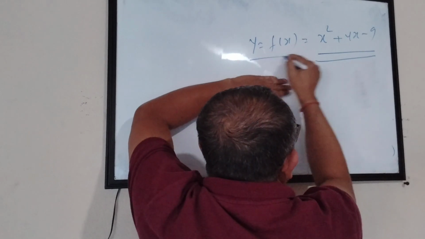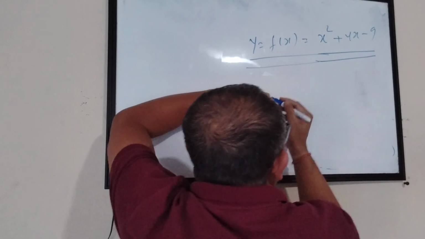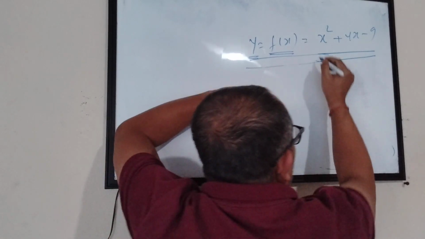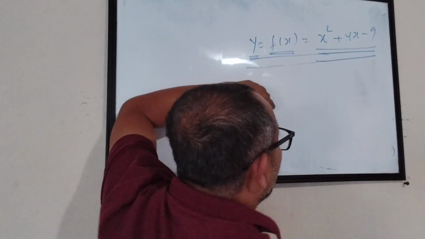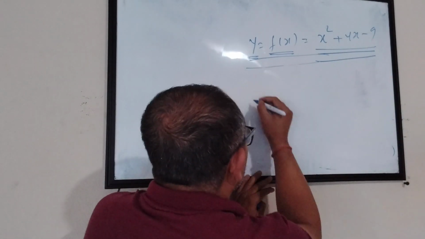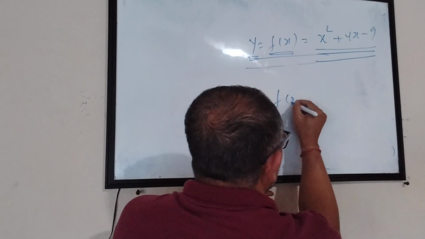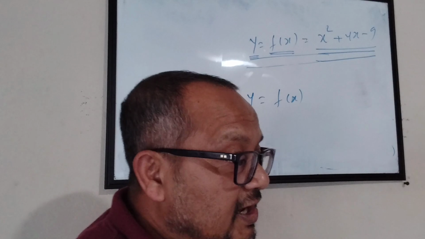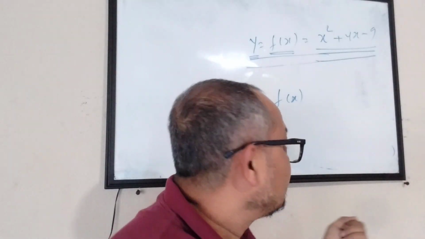If I read this in plain English, the way I would read it is y is a function of x. If I say y equal to f of x, that is understood. You are just saying that y depends on x, but you are not peeling the onion.